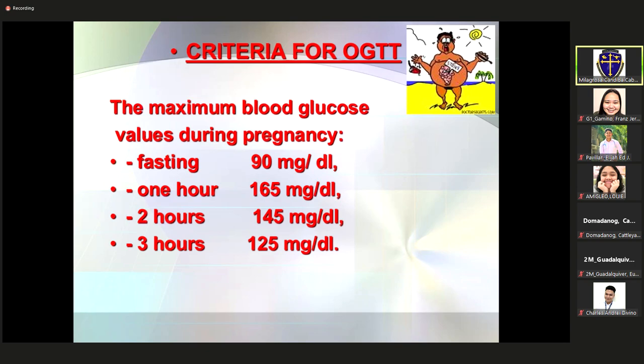And 3 hours, 125 milligrams per deciliter. Ang purpose nito, every hour, kasi wala kang intake ng food nito. Kung 3 hours ka, until the 3rd hour, kung kukunan ka ng dugo, sa 3rd hour mo, dapat mababa na siya compared to the past 2 hours.